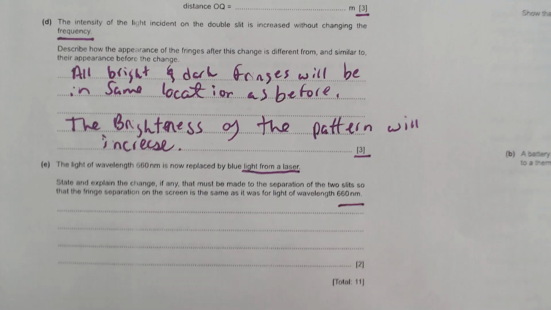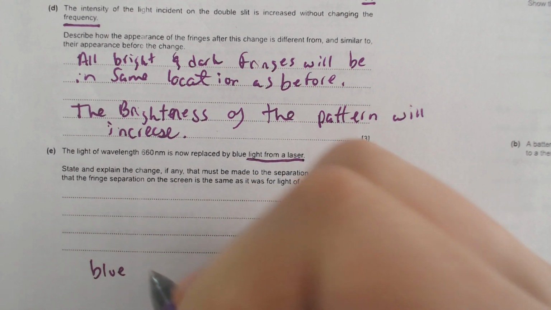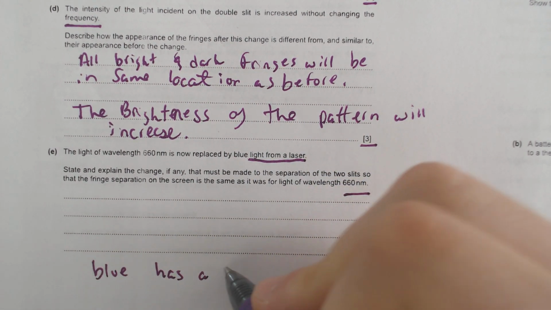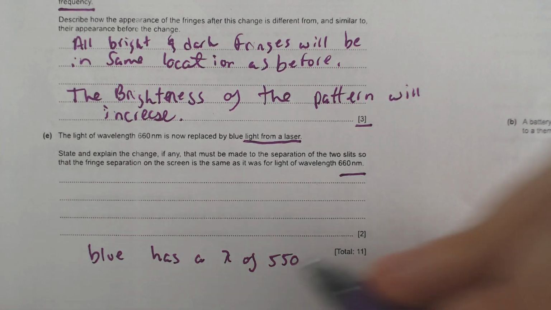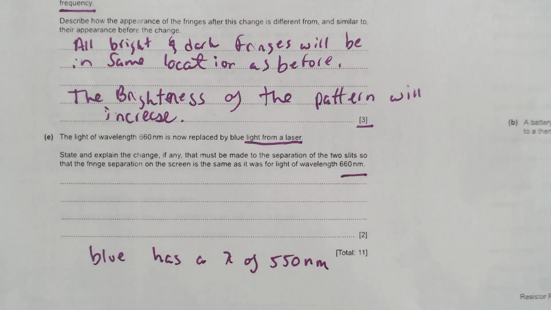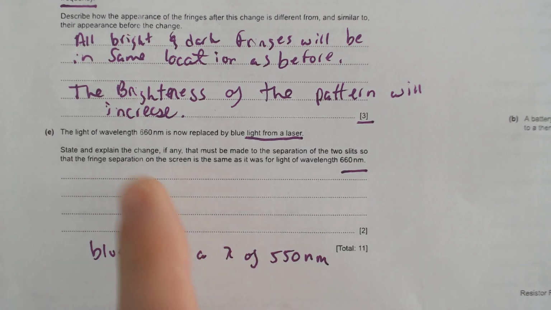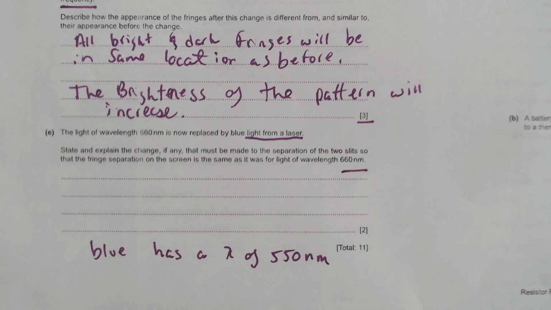Okay? So blue has a wavelength of, I think, around 550 or 500 nanometers. I think we said like 800 to 500 or something like that when we were talking about ROY G. BIV. Red has like 800, and then blue has near 500 or 550, which is a shorter wavelength than 660. Okay?